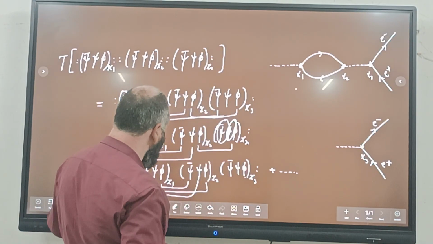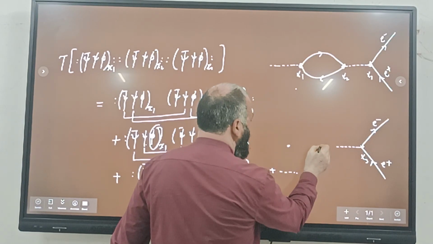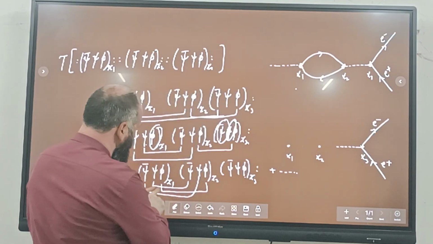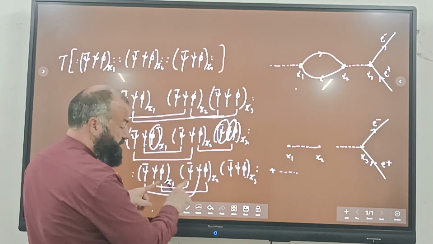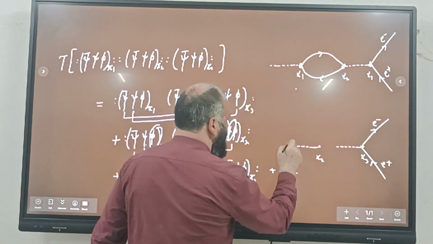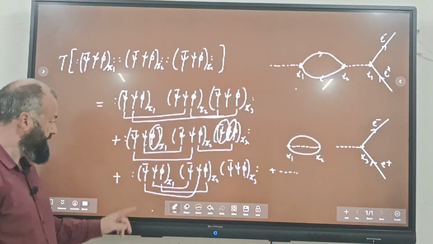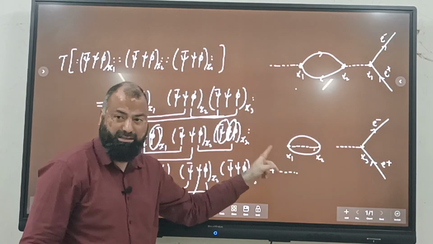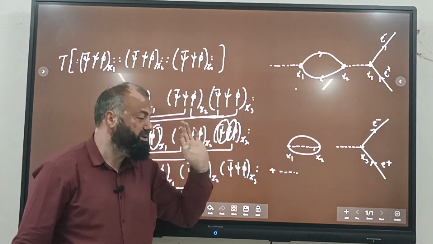So let's try. Let's write this as x2, this as x1. You have a phi field that's contracted, phi and phi, and then psi bar and psi. One psi bar psi will give you this solid line, another psi bar psi will give you another solid line, and the phi phi contraction will give you the dotted line.